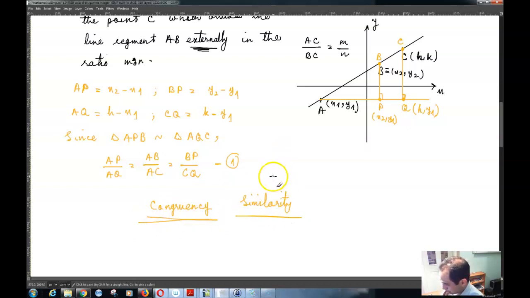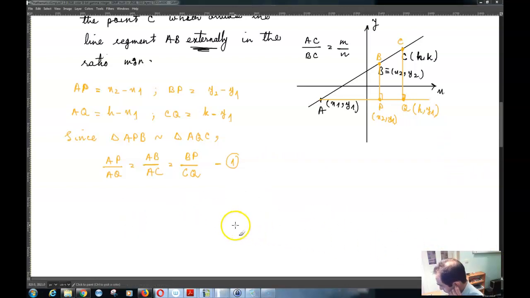But suffice to say that similar triangles, what that means is that suppose that I have this triangle over here, and let's say that this is ABC.